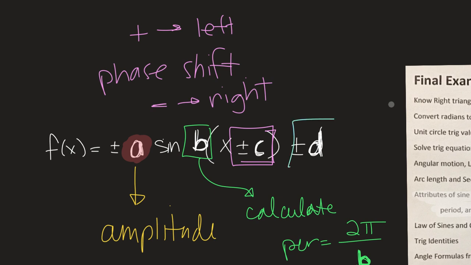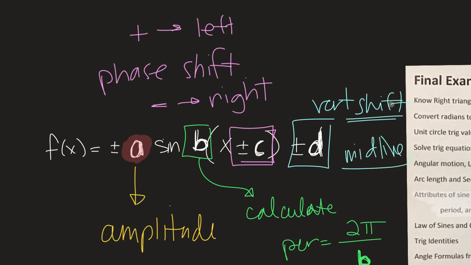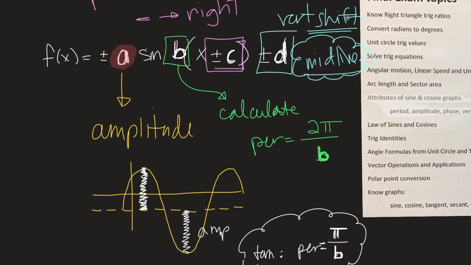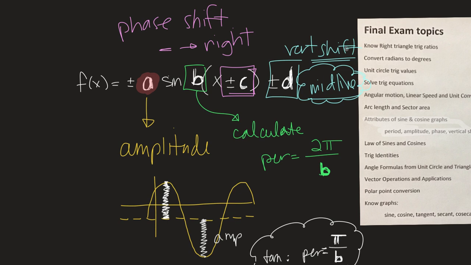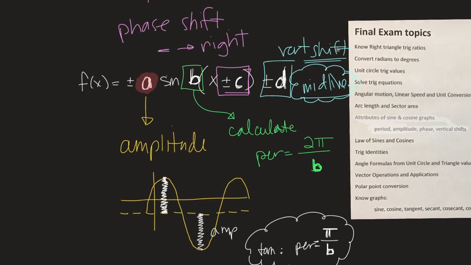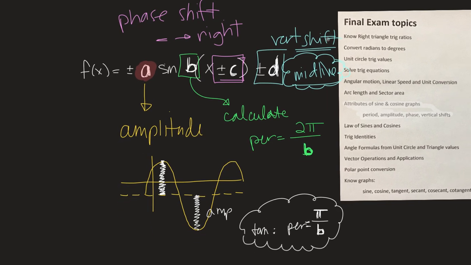And then the D is your vertical shift, also known as where your midline is, the middle of your graph. That number at the end, or it can come in the front, is how high or low your graph has been moved, up and down, vertically speaking.